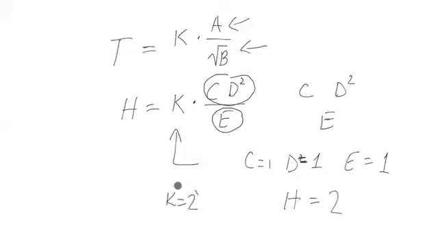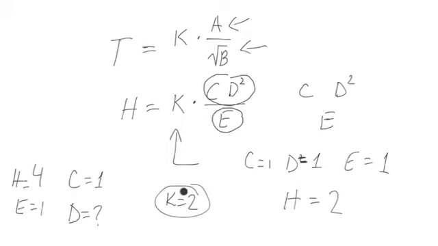Then using that information, what if H were 4, and let's suppose that E was 1 and C was 1? And then the question is, what is D?